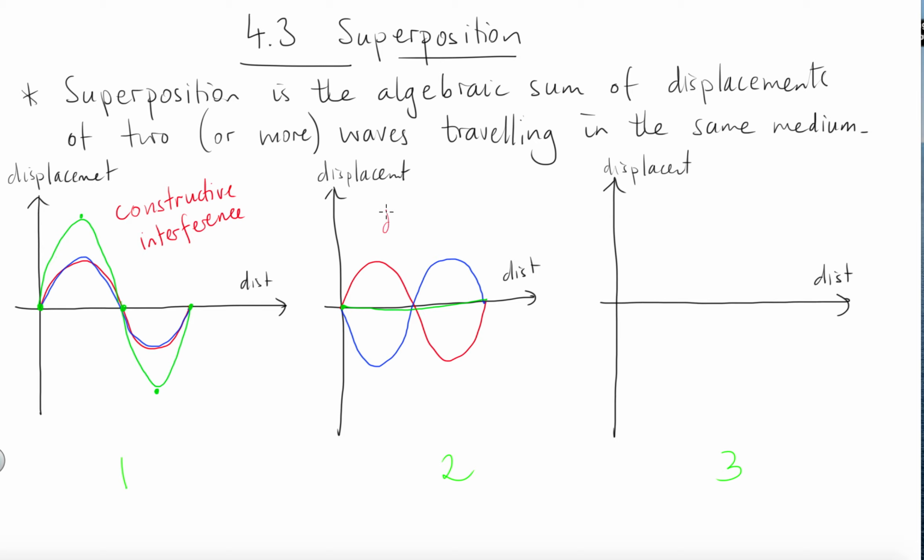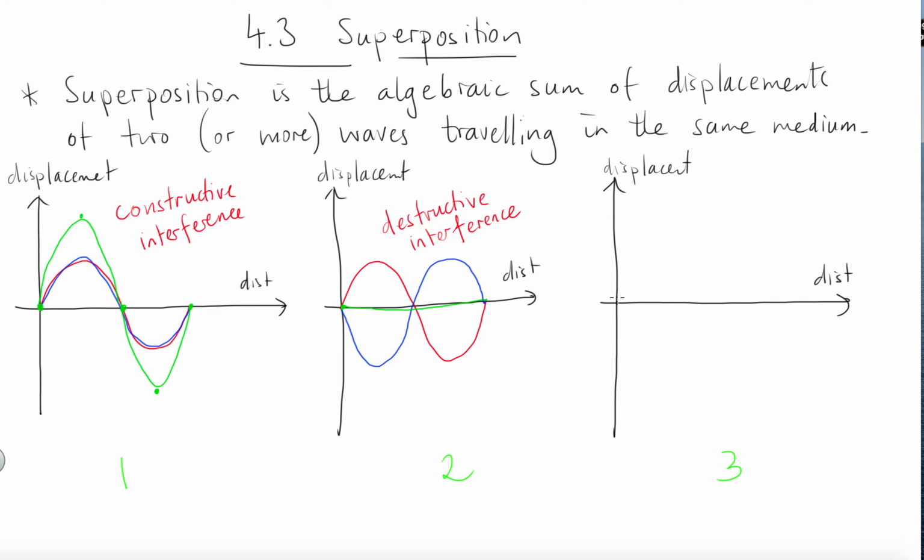This is called destructive interference. Notice the condition for constructive and destructive interference is that both the waves have the same wavelength.